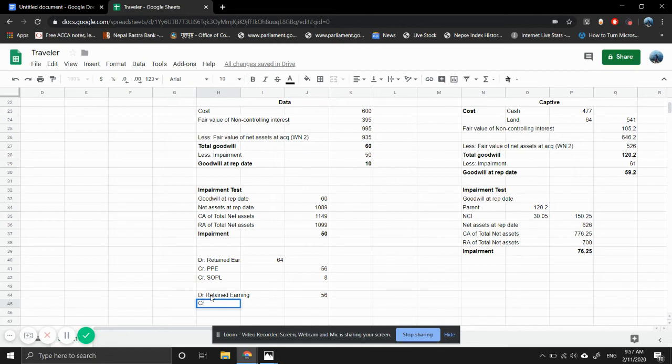You could do the same thing, it will have the same effect. The gain on disposal is basically 8 million. That's what I was trying to show over here.